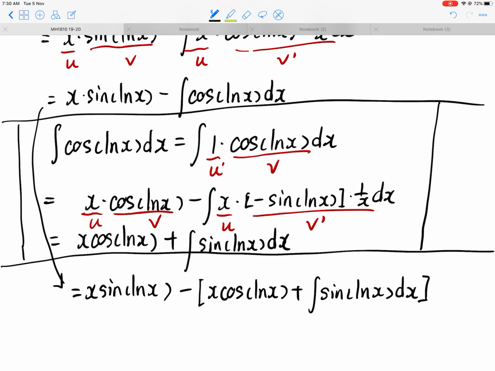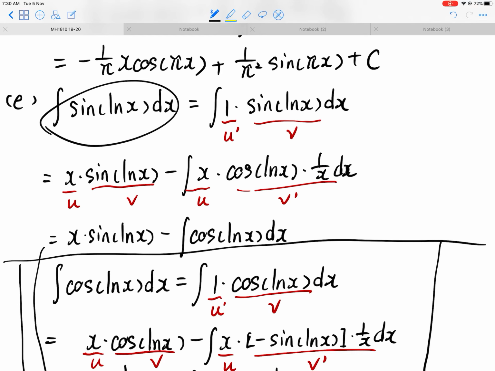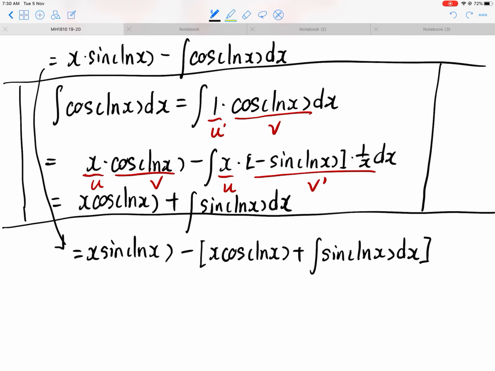The left side, don't forget about the initial, is the integration of sine ln x dx.